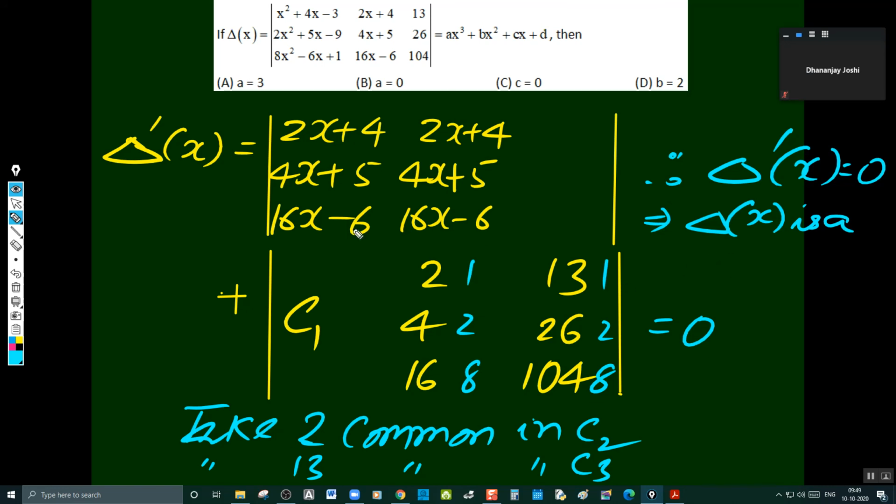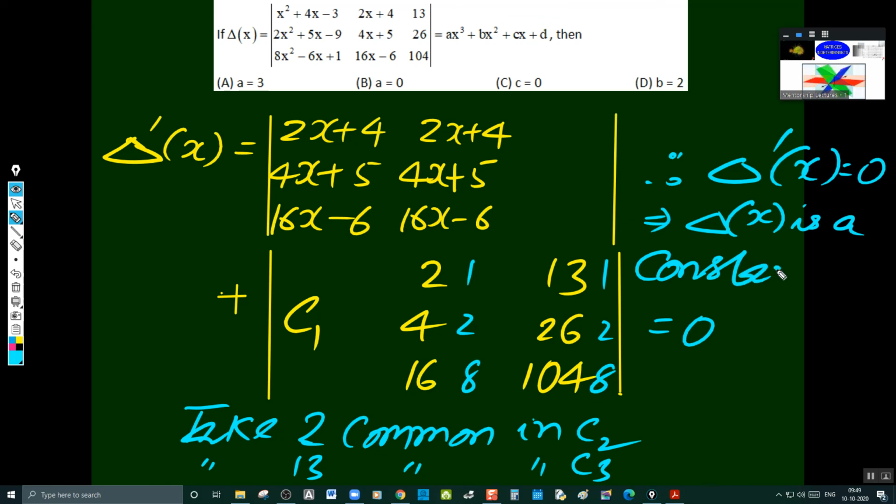That's a good question. He has given the second column in such a way that it is the derivative of the first column. That is why you must have good observation while reading the question. Delta x is a constant means no x terms will be present, only the constant remains.